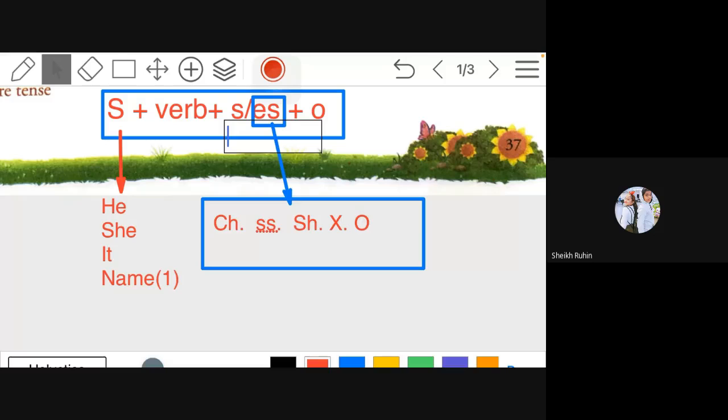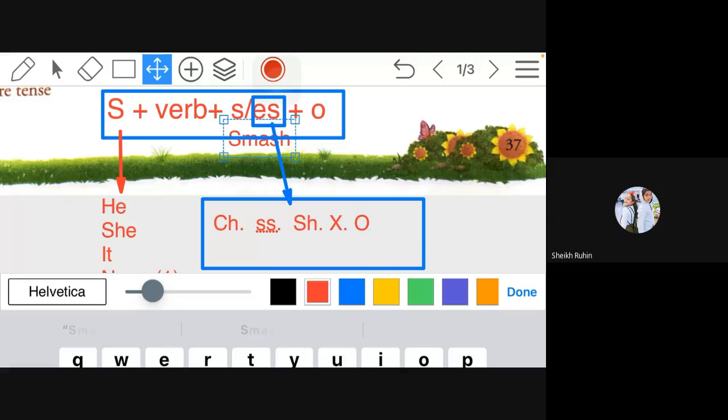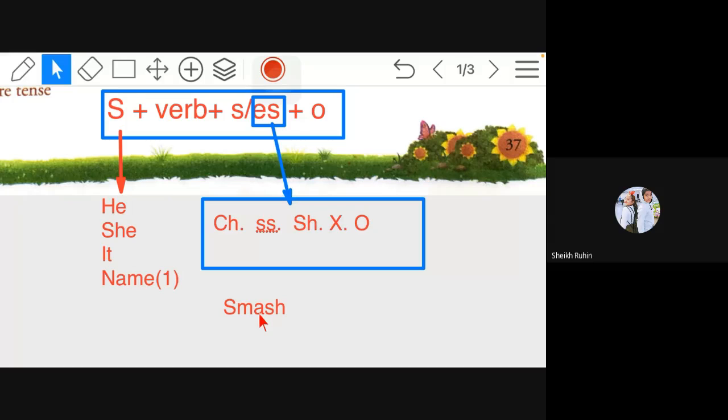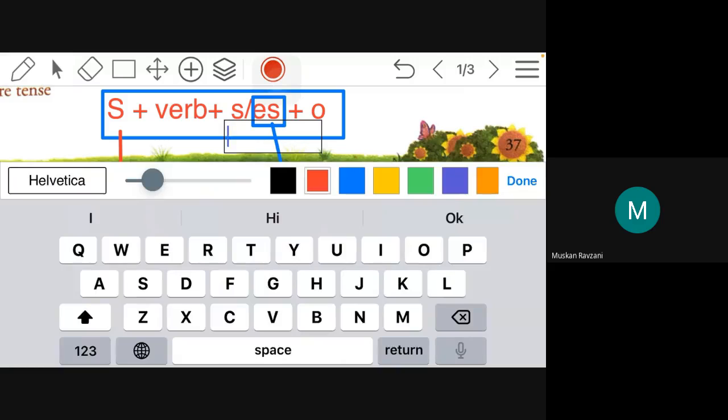Similarly, if I write here, okay, Zoha, what is the word? Smash. Okay, Iman Fatima, it is ending with what? Sh. See, sh is there in the list. So we have to add es: smashes. Are you getting my point, students? Yes, sir. Now if I write here, wait a minute.